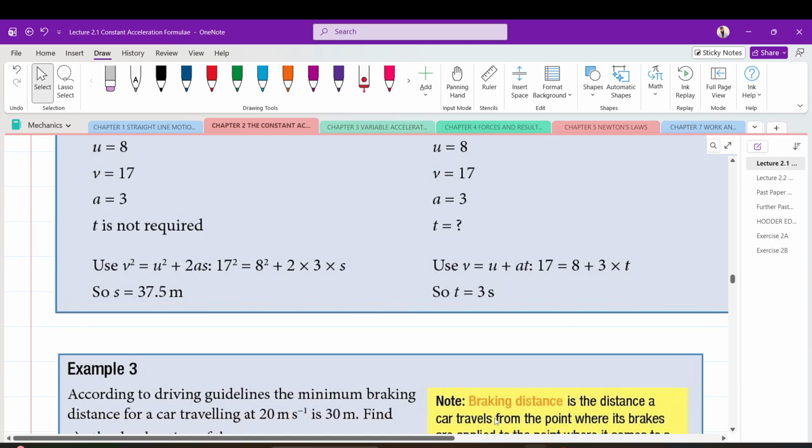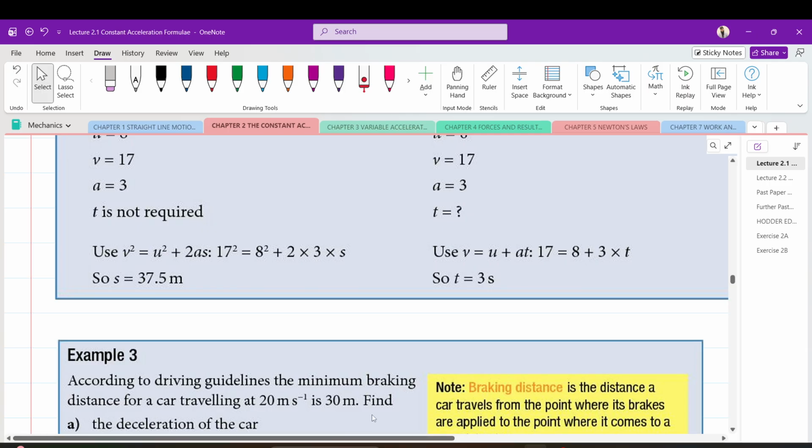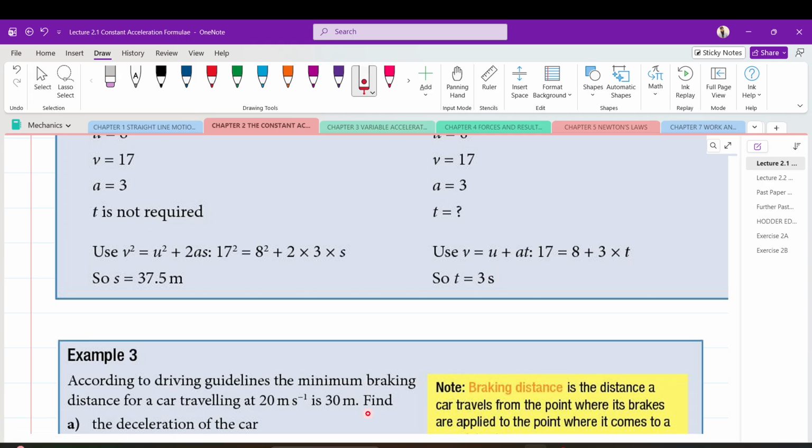Okay, example number 3. According to driving guidelines, the minimum braking distance for a car traveling at 20 meters per second is 30 meters. Find the deceleration of the car. So the braking distance is basically, let's say that you see a traffic signal from a distance, your car is over here. So the moment you apply the brake until the point you stop, you do cover some distance, right?